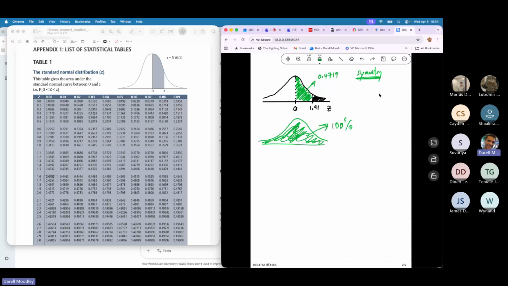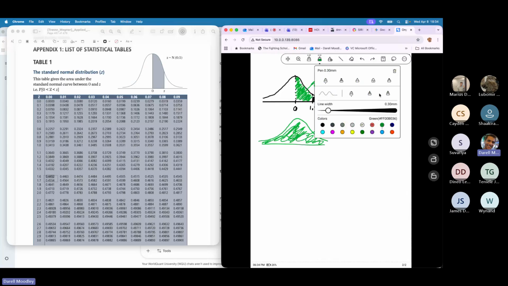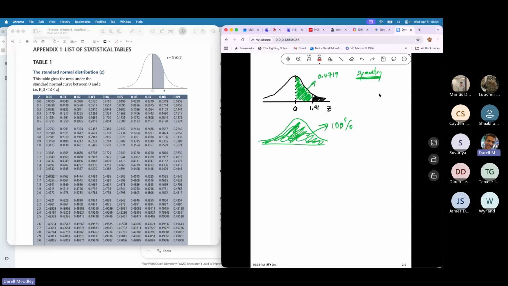If the total area is 100%, then what is this area that I'm going to shade in red? Everything on the left of this vertical line, this dashed line. What do you think this red area is? A lot of colors, I know, sorry, but it's the best way I can distinguish the areas I'm talking about.